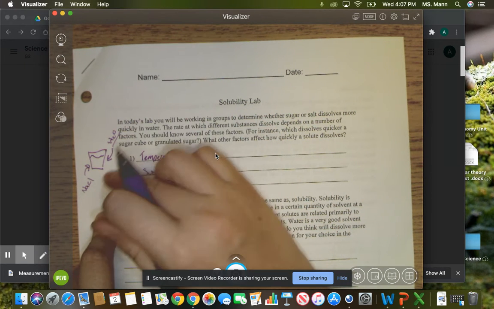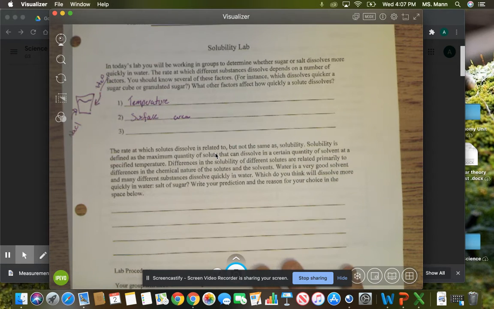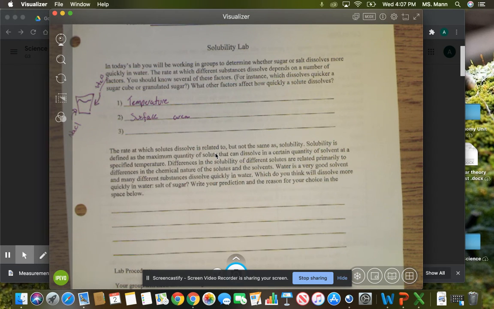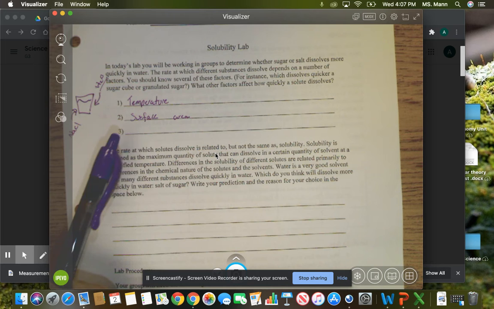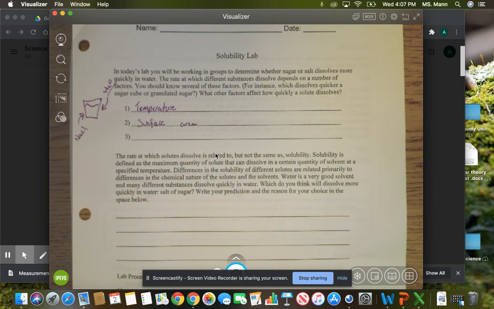That is what you're dissolving the sodium chloride into, right? The solute is going to be the sodium chloride. So again, the solvent is the liquid, it's the H2O. The solute is whatever you're putting into the liquid, right? All right. So you're going to fill in this third thing by yourself. You're going to have to think of that third thing. I'm going to make you do that.